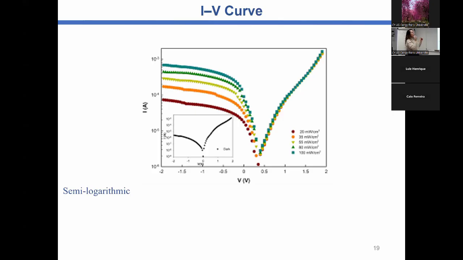And when we put light on it, you can see, in terms of the intensity of light, from the brown to the green, increasing the intensity of light, we will have more free charge, and the current will be significantly increased in the blocking direction.